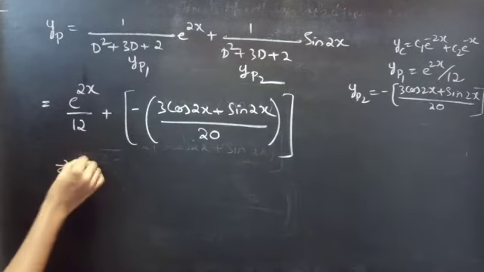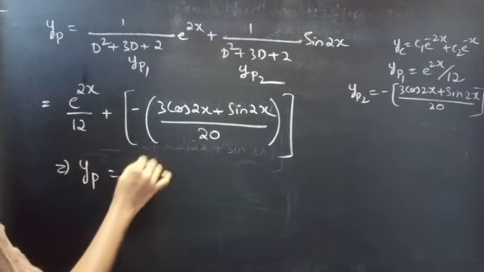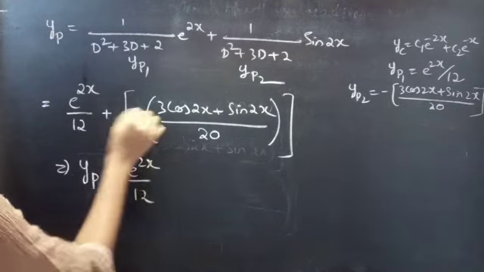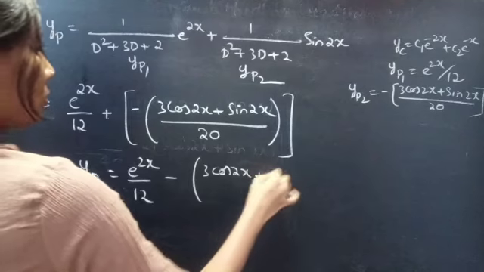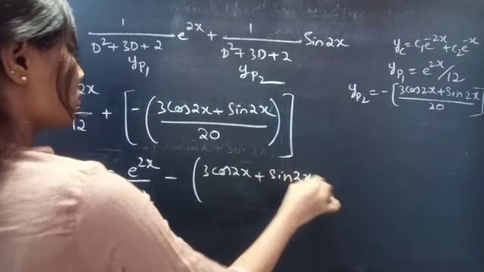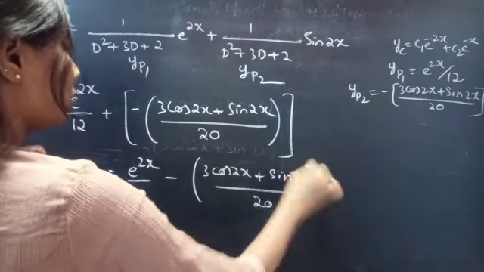Then yp equals to e power 2x by 12 plus into minus, minus 3 cos 2x plus sin 2x by 20.